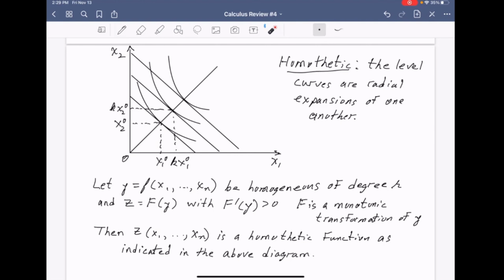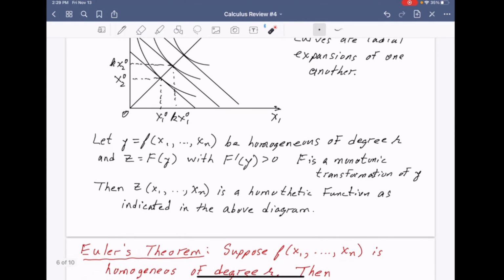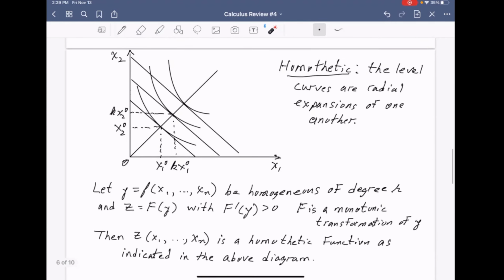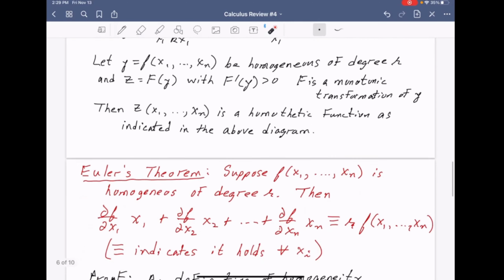So y is an input into it. And assume that the first derivative of that function F with respect to y is greater than 0. This implies that F is a monotonic transformation of y. Then z is a homothetic function as indicated in that diagram above. All right, so that's how we characterize a homothetic function.